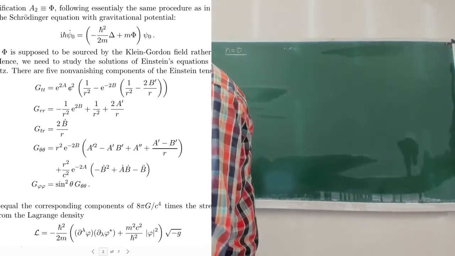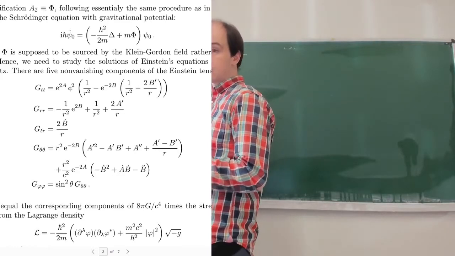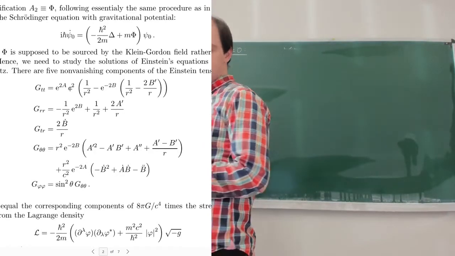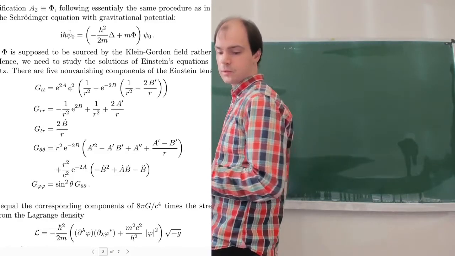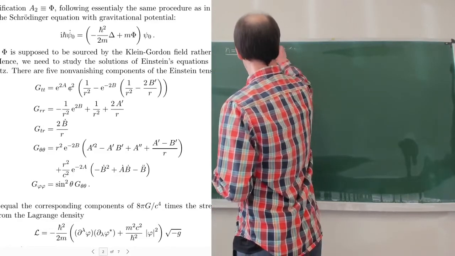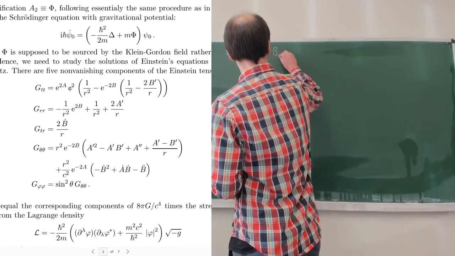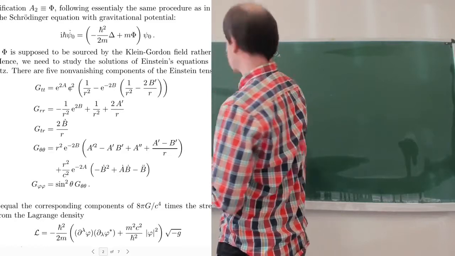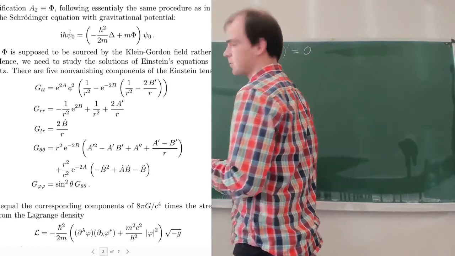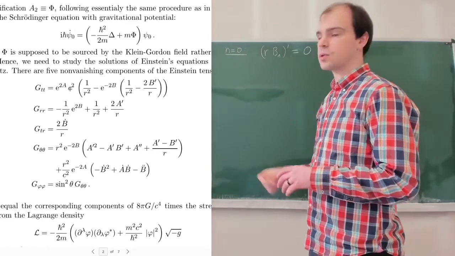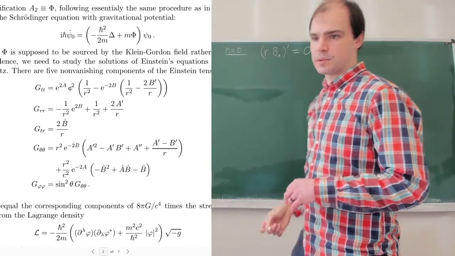And what you find if you do this is that you get only a contribution from GTT. So the stress energy tensor will give us a 0 contribution, and the equation that we end up with we can write as B1 plus RB1 prime equals 0.